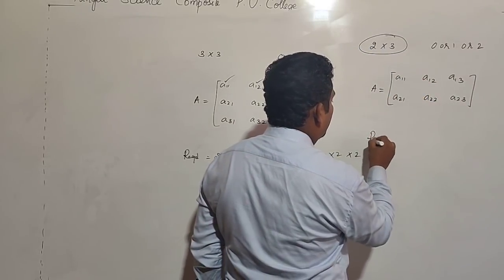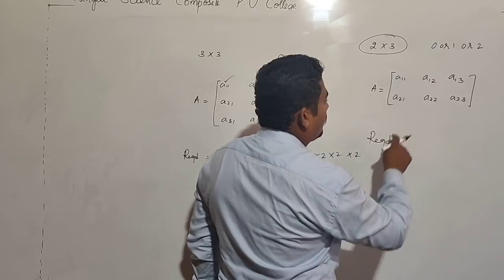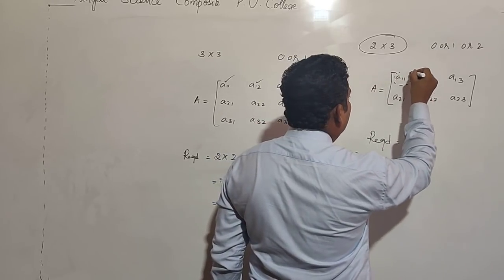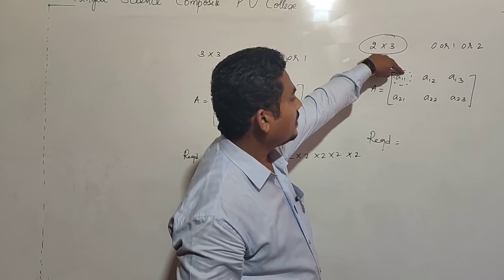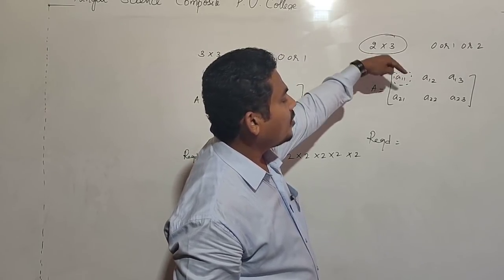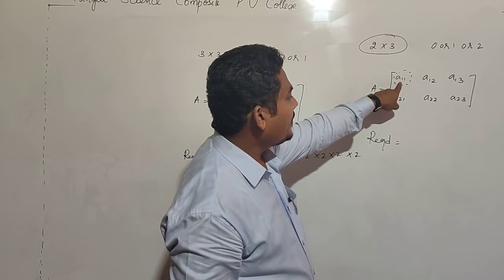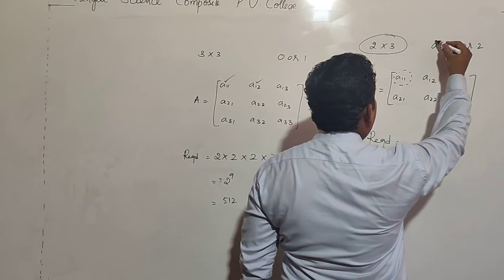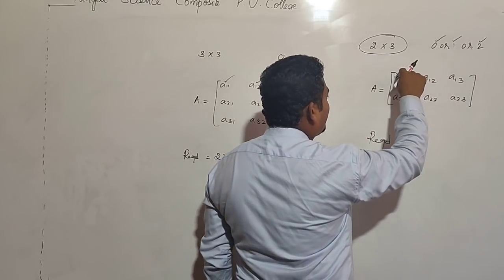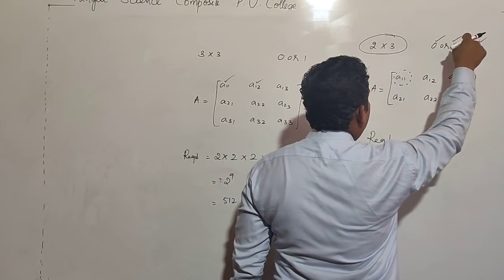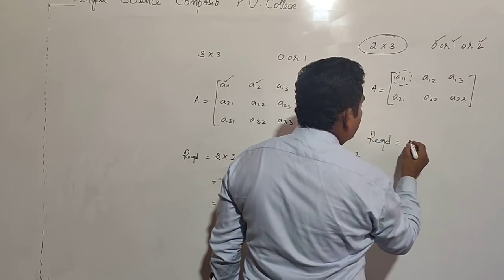For each element, in this case, how many possibilities? For element A11, there are 3 possibilities, either 0 or 1 or 2. In place of A11, we can put either 0 or 1 or 2.